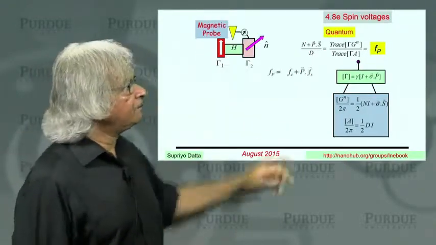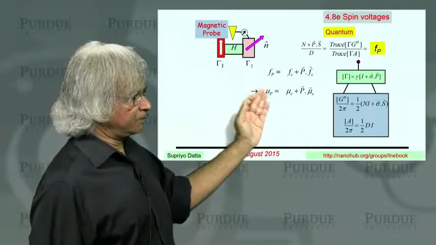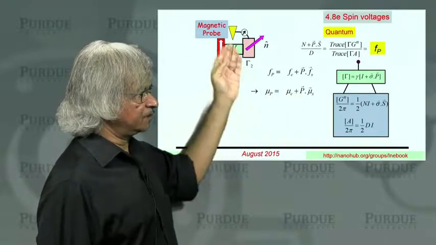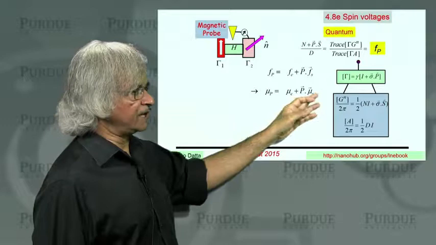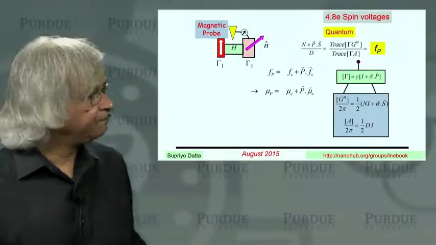And this you could translate into potentials, as I had mentioned. So you could say, okay, the potential on the probe is, again, the charge potential, the chemical potential inside, P dot mu s. And mu s is like the spin potential inside.